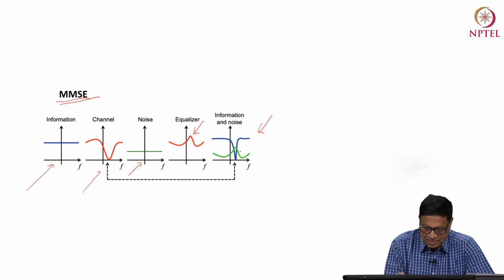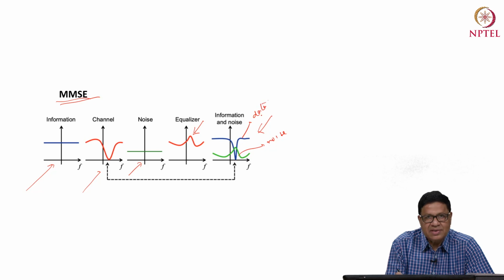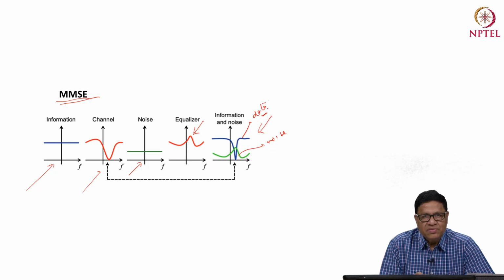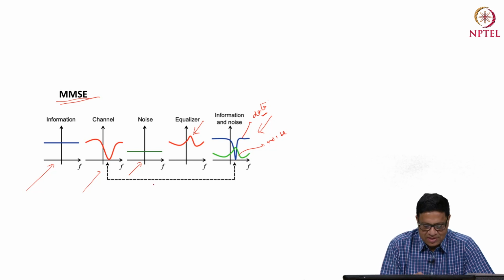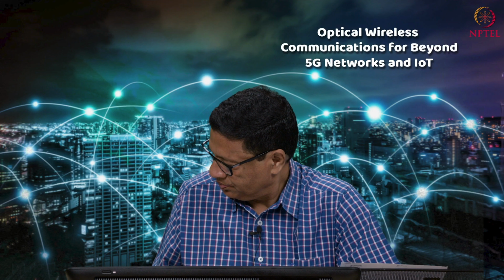The green one is the noise, and this is the data. So there is some sort of ISI which gets accumulated in the MMSE receiver, but there is no noise enhancement. That's the advantage you get using the MMSE receiver.